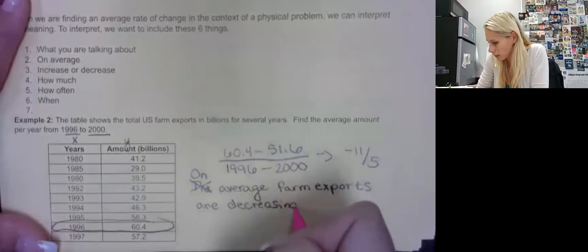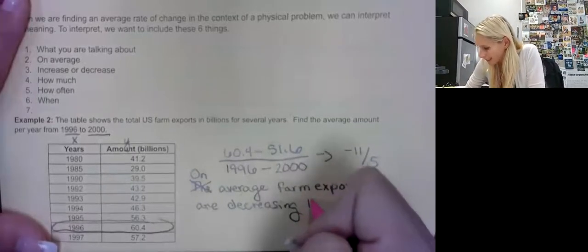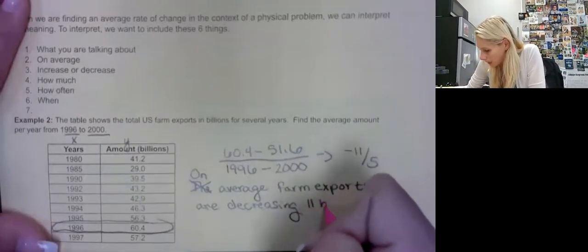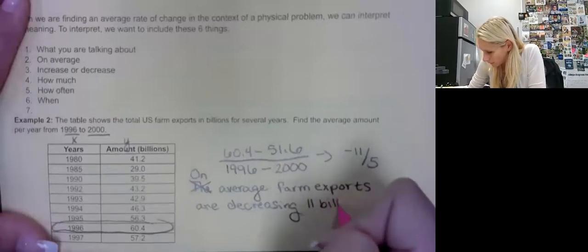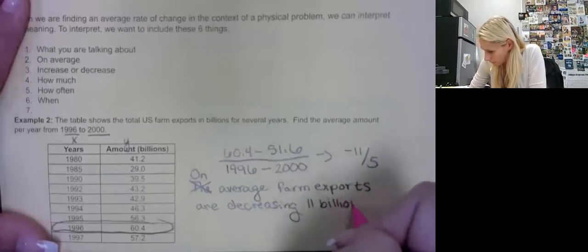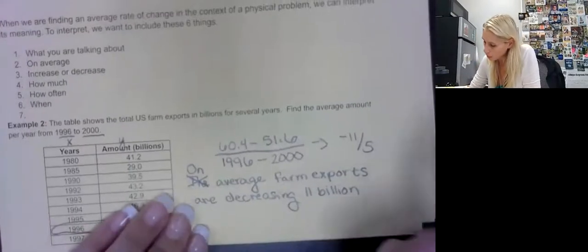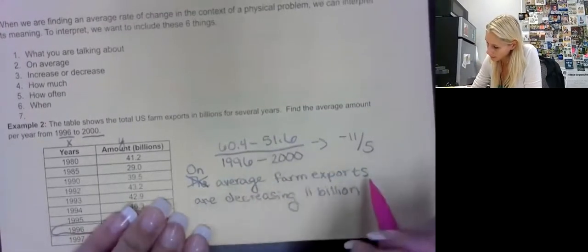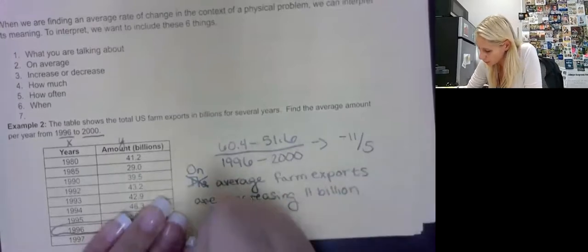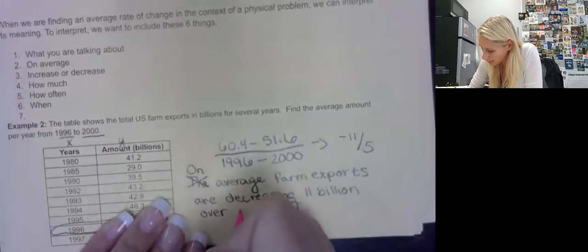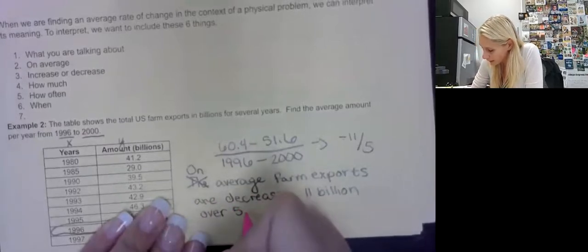Now let's interpret those numbers. 11 means 11 billion. On average, exports are decreasing 11 billion over 5. And what does the 5 mean? The 5 means years.